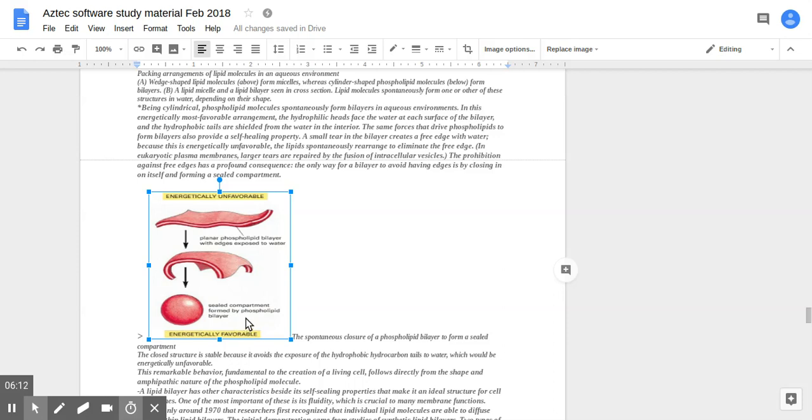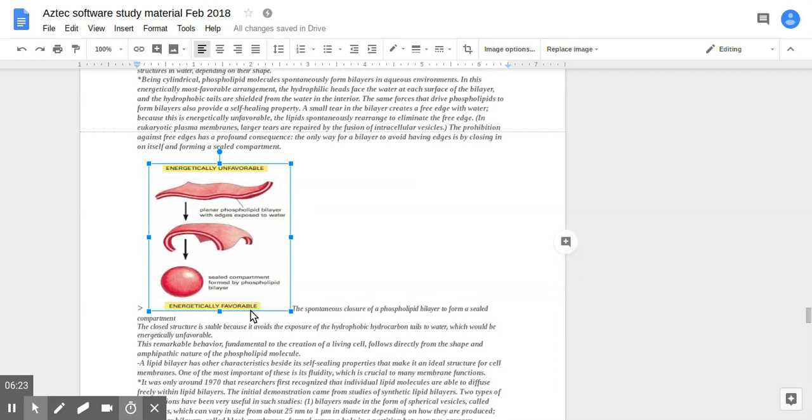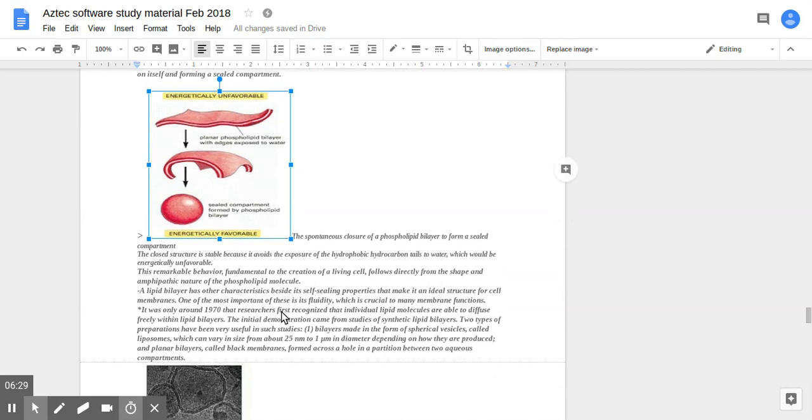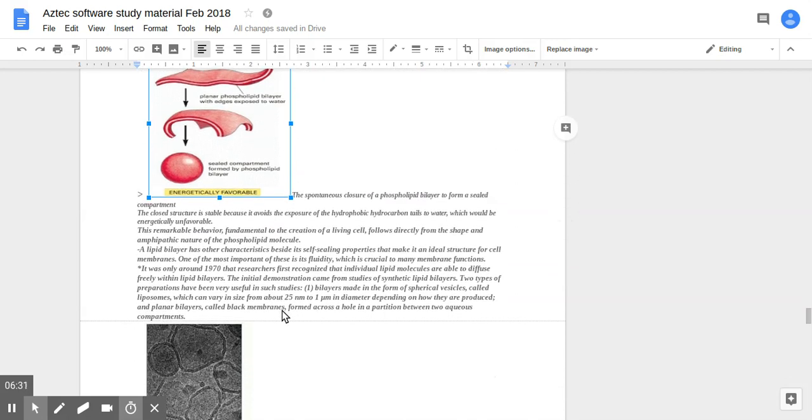This remarkable behavior, fundamental to the creation of a living cell, follows directly from the shape and the amphipathic nature of the phospholipid. A lipid bilayer has other characteristics besides its self-sealing properties that make it an ideal structure for cell membranes.